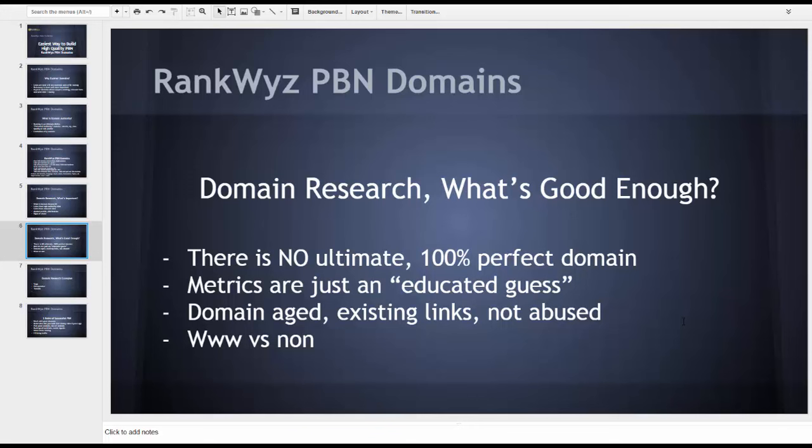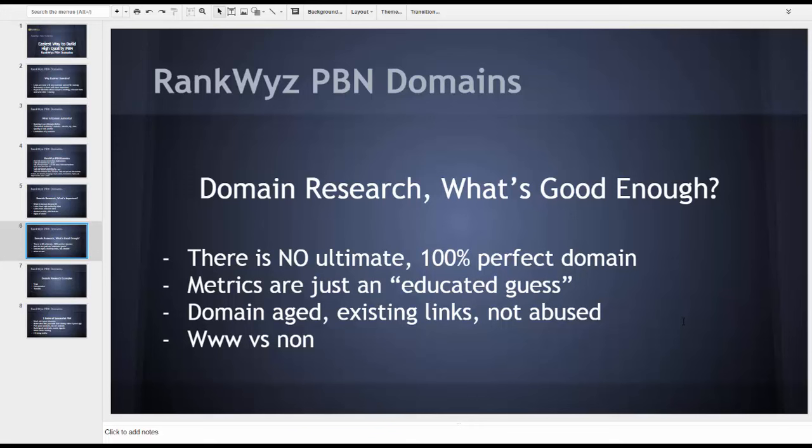You can find domains with a trust flow of 15 and a domain authority of 1, and any combination: high domain authority, low trust flow, high Ahrefs, low trust flow. With the metrics standing so far from each other, they're probably not really correct in guessing how they correlate with Google, but this is the best we have.